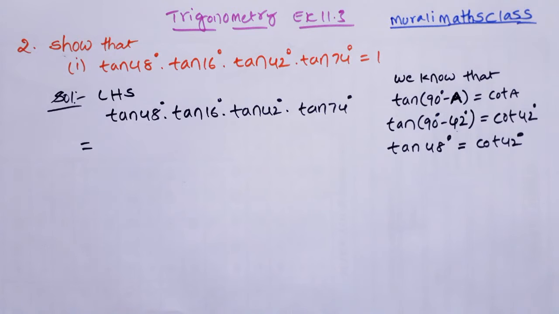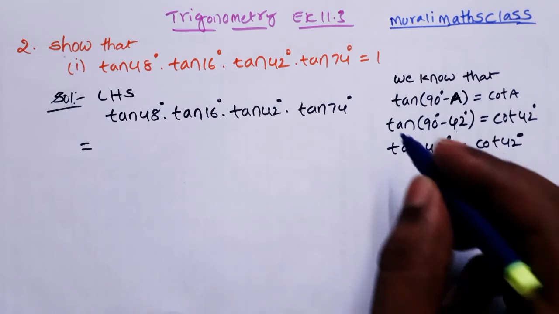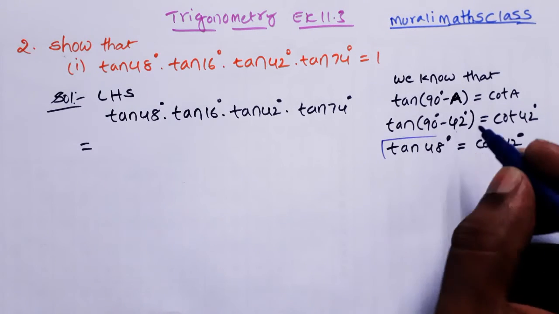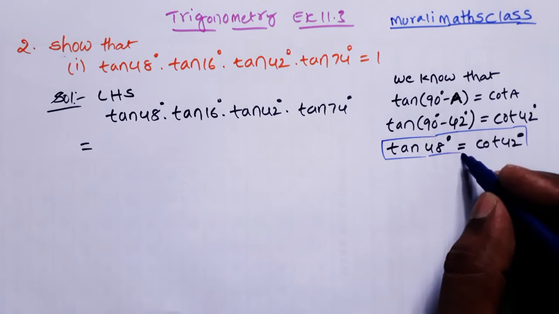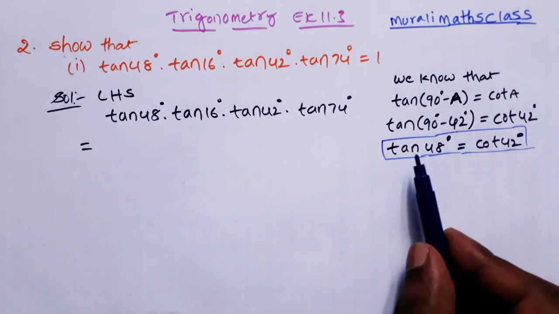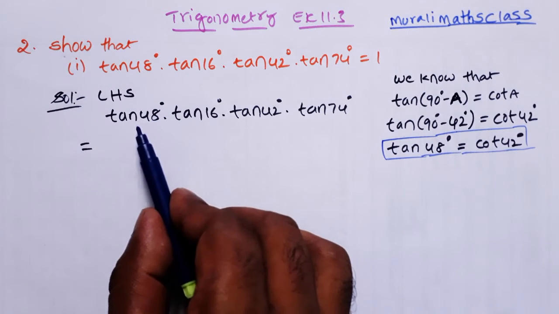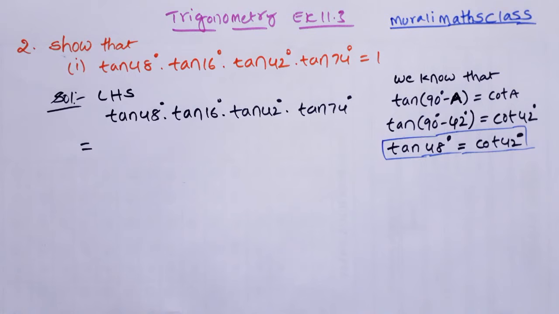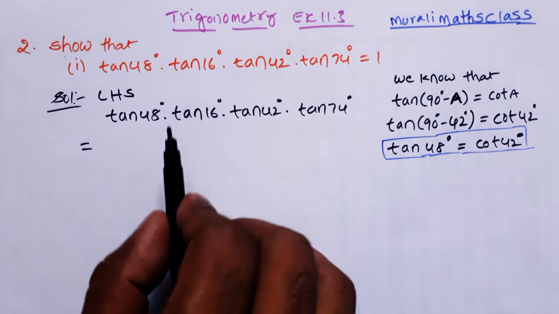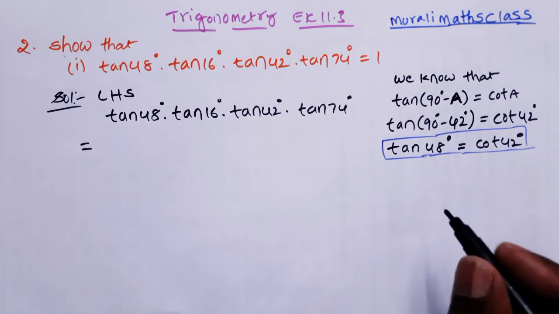So one answer we got. Tan 48 is written as cot 42. In the same way, we need to find out for this tan 16 also.